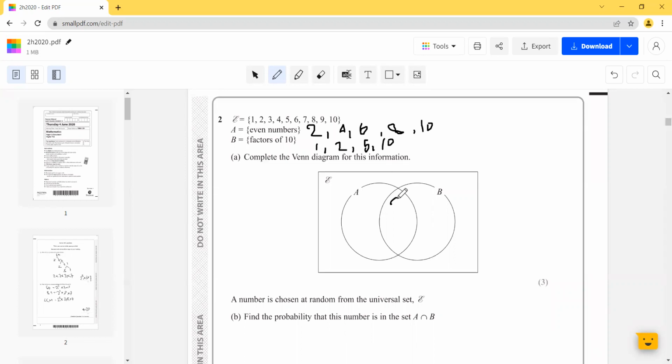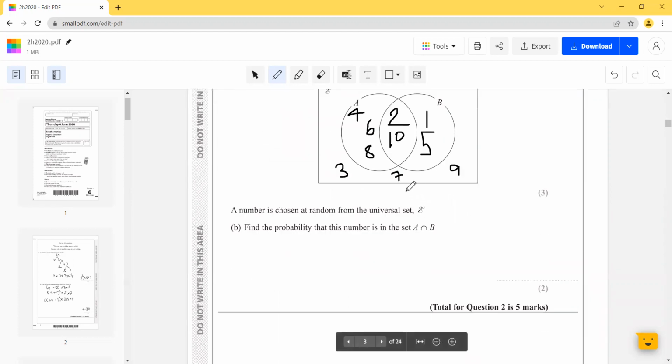So we can see that 2 and 10 are within the intersection. 4, 6, and 8 are in A, and 1 and 5 are in B, which leaves us with 3, 7, and 9.